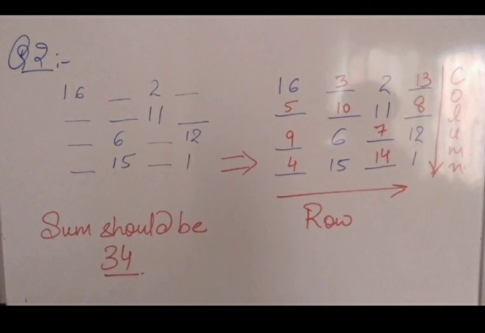For example, taking the first row, 16 plus 5 plus 9 plus 4 equals 34. Similarly, taking the first column, 16 plus 3 plus 2 plus 13 again equals 34. So we can take any row, any column, and the sum should be 34.